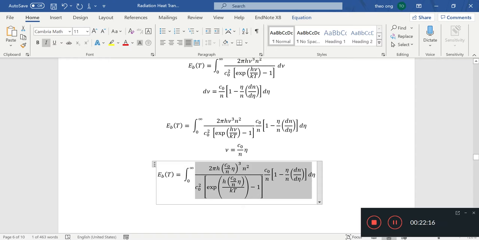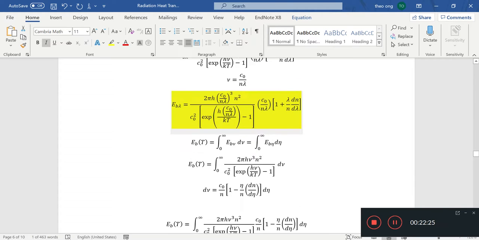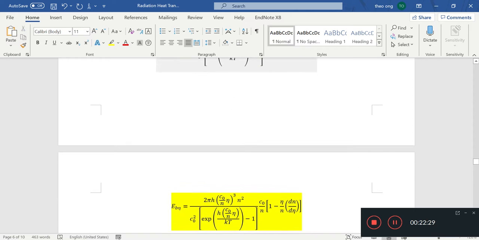This very messy expression. Wherever nu pops up, we just replace it by this, similar to how we do it here. And the final result is this. We have 2 pi h blah blah blah, and I'm not going to simplify this. This is the final equation we have. I'm just going to leave it as it is.